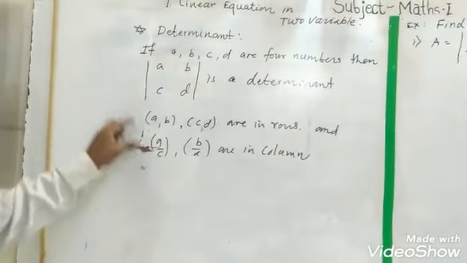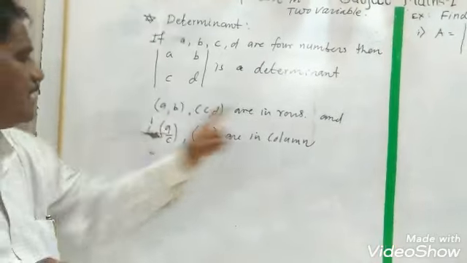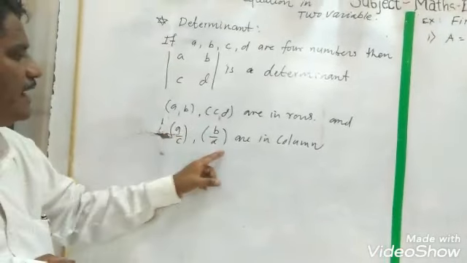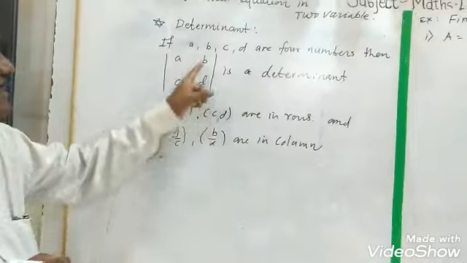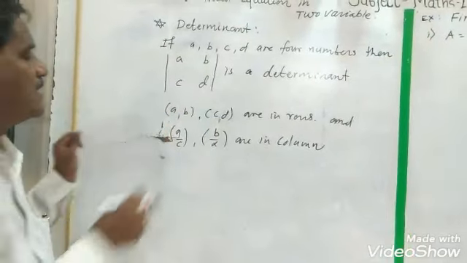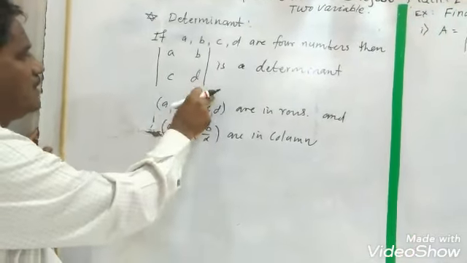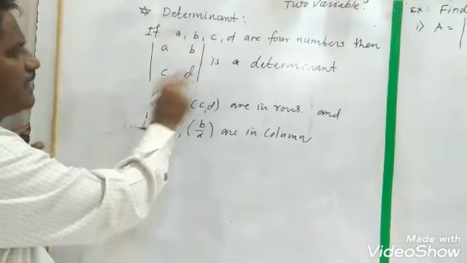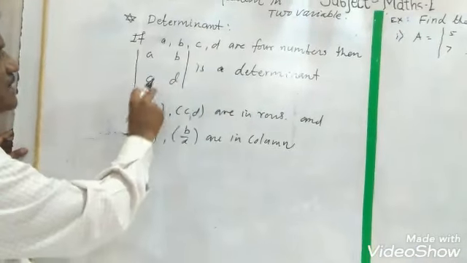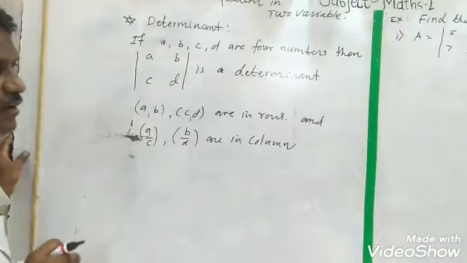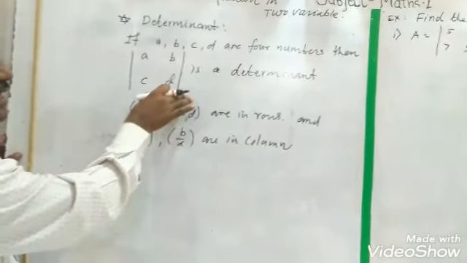So therefore the elements A, B, C, D are in rows. Two elements A by C, B by D are in column. So therefore degree 2, determinant of order 2, that is degree 2. आणि म्हणून त्याला वाचताना determinant of order 2 अशा प्रकारचं रीड करायचं आहे.